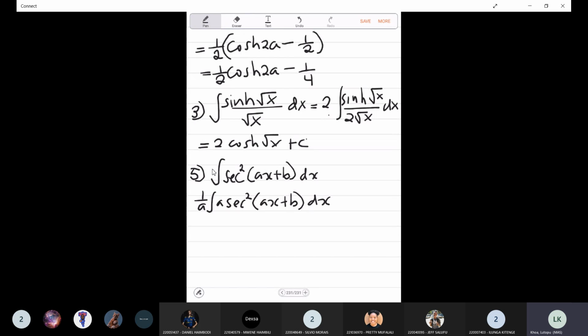The integral of sec squared is tan, so I have 1 over a, sorry, I'm writing tan instead of hyperbolic. The question is still the same, it's just hyperbolic sec, not just sec. So the integral is 1 over a hyperbolic tan of ax plus b, and then we add our constant of integration.